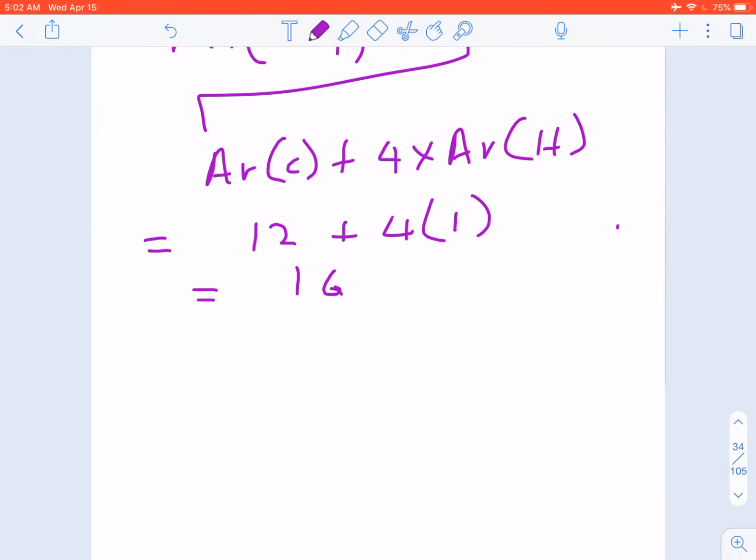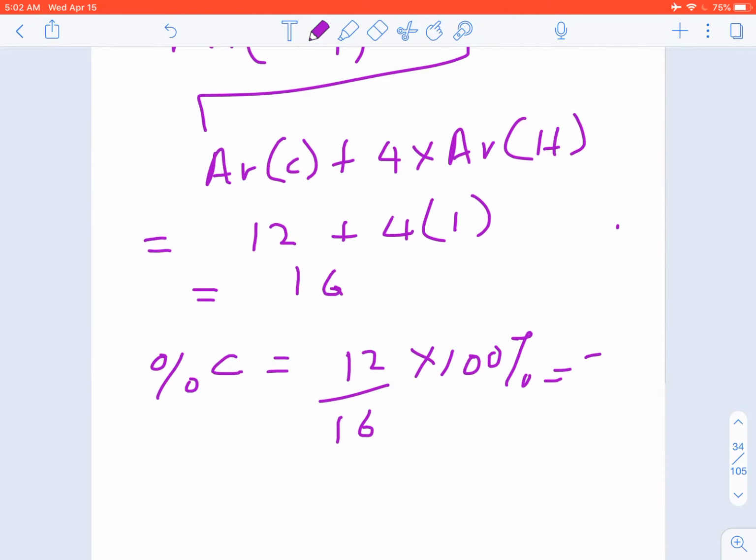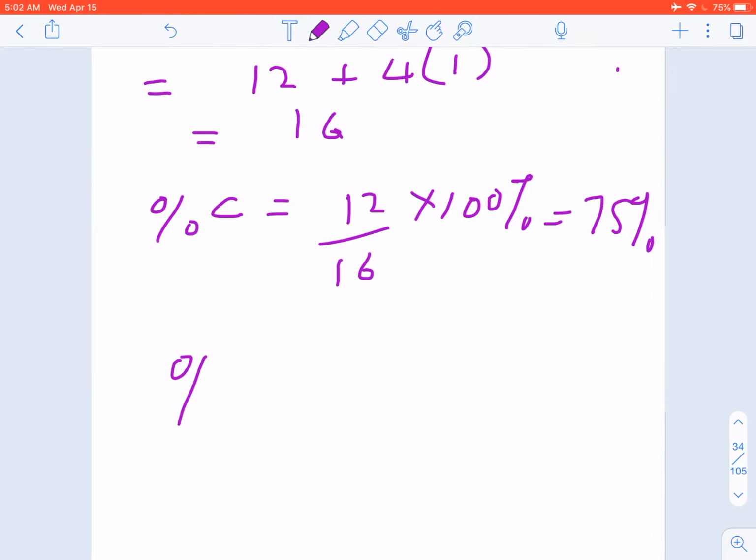And if we want now the elemental composition, we've got percentage carbon, which is equal to 12 upon 16 times 100%, which gives us 75% carbon.